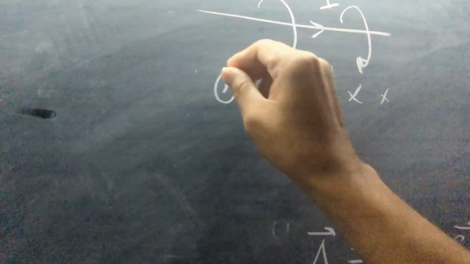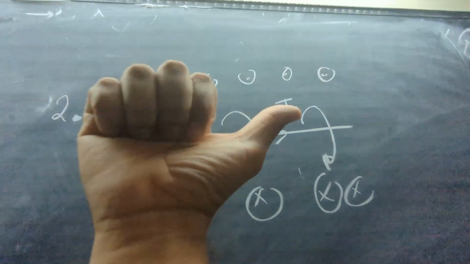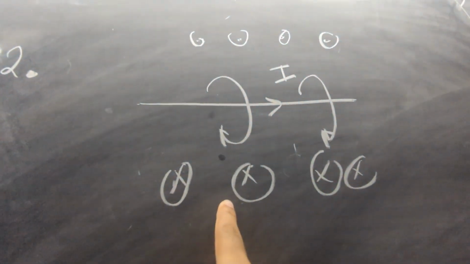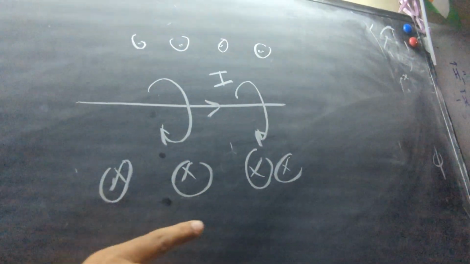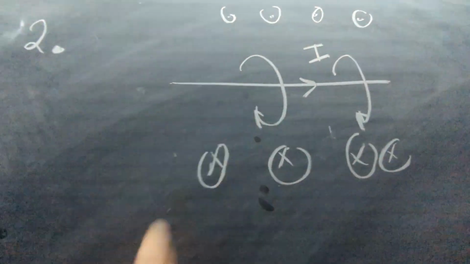So I point my thumb to the direction of the current and curl my fingers, and the magnetic field goes around the current wire, circulating.